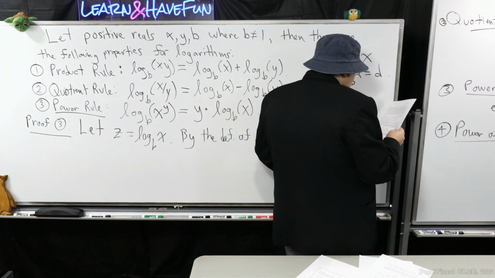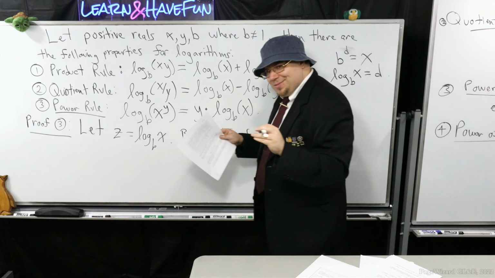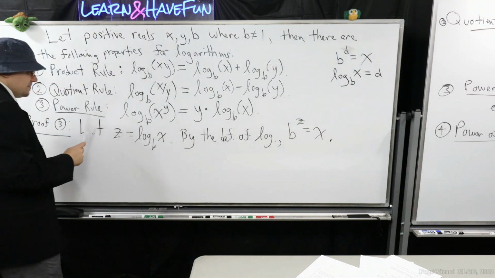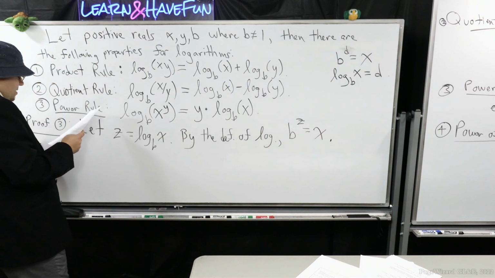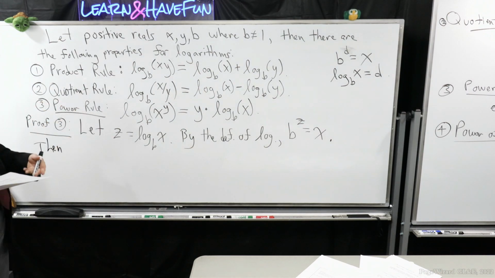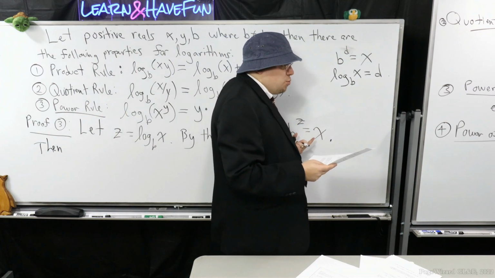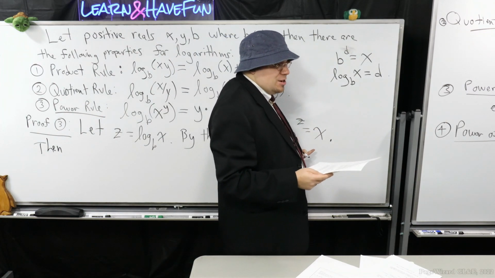Now, I'm going to use a property that we had from exponents. So watch this. Because I know that this is in fact an equation, these two sides are equal to each other.